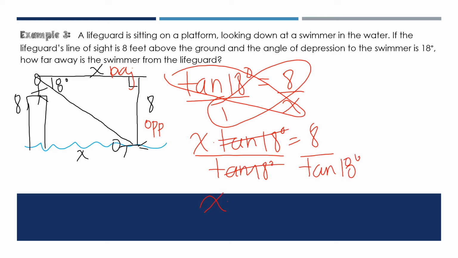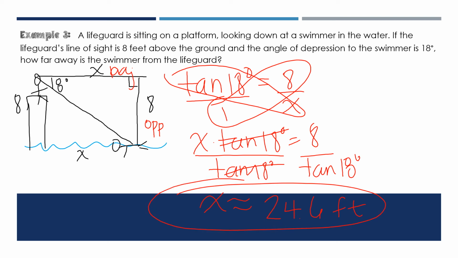And then we will go to our calculator. Again, we're using regular tangent, not inverse tangent, because we know the angle measure. The only time you're going to hit that inverse button is if you do not know the angle measure. So the lifeguard is about 24.6 feet away from the swimmer.